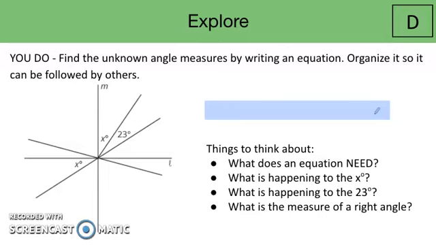Additionally, you want students to think about the relationship between x degrees and 23 degrees, and the idea that x degrees plus x degrees plus 23 degrees add up to what seems to be a right angle. And so you want students to be reminded that a right angle is 90 degrees.